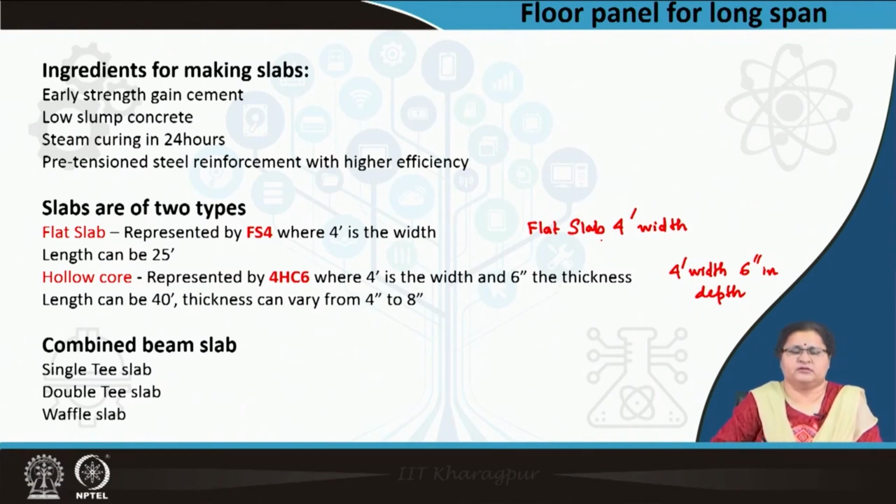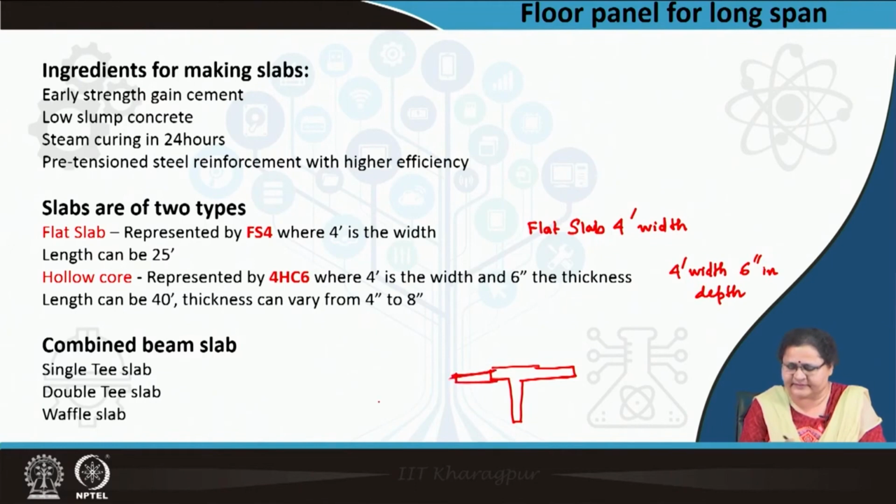Next, coming to the combined beam and slab. These have the beam associated with it. So, this is similar to a flat slab with ribs. These ribs act as the beam and they usually look like the letter T. So, these will have large flanges or projections which will act as slab one after the other, and these ribs will act as the beam.